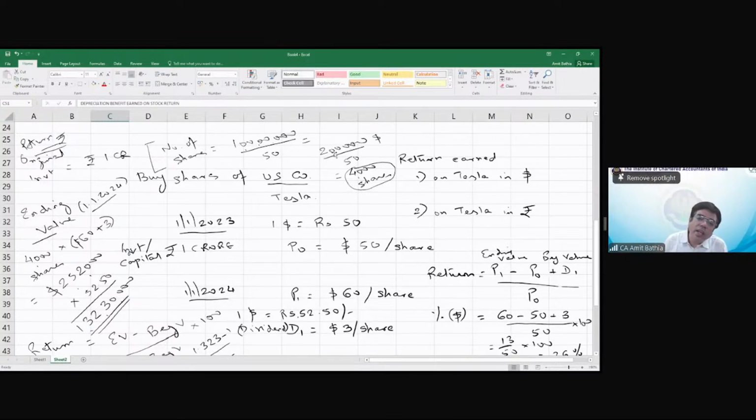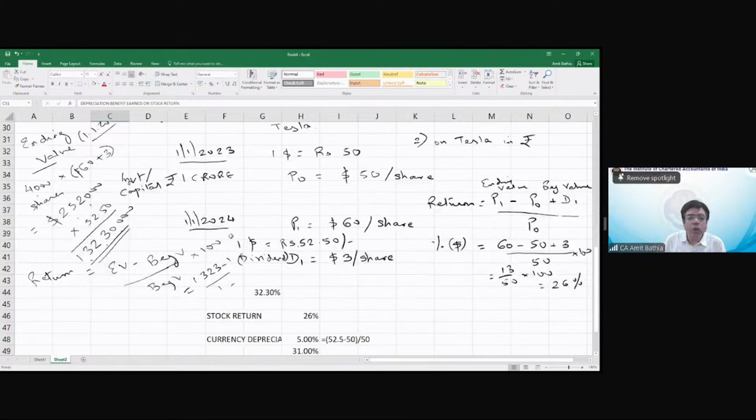Since the Tesla share was also $50 per share, I would have received 4,000 shares at the beginning of the year. During the year, I was also paid dividend. After 1 year, the price of the share is $60 per share, the exchange rate at that point was 52.50, and the dividend during the period was $3 per share.